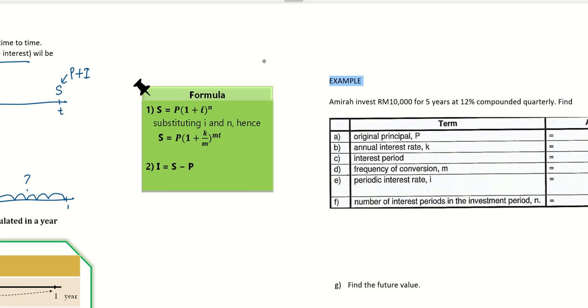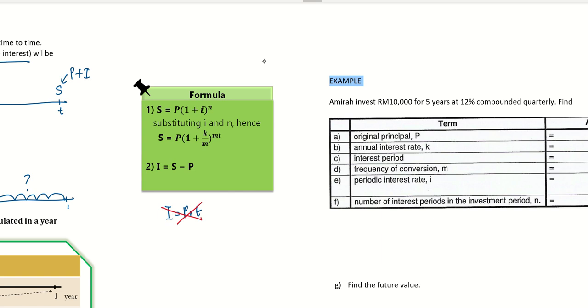The second formula is to find the amount of interest, which is S minus P. You cannot use the formula I equal to PRT just like in simple interest, because in the calculation of compound interest the principle keeps changing from time to time.